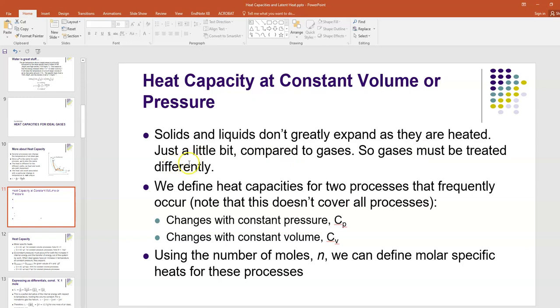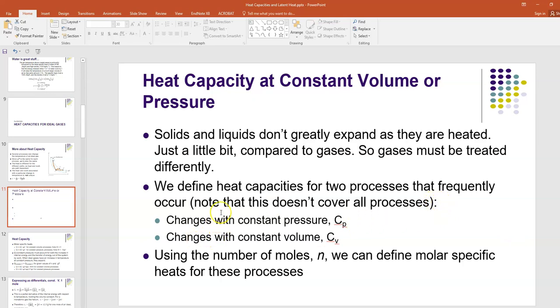Now, there's an infinite number of ways to get from one temperature to another temperature. We can't, in reality, define a heat capacity for all those paths, but what we can do is define heat capacities for two processes that frequently occur. And remember, this isn't going to cover all processes, okay?